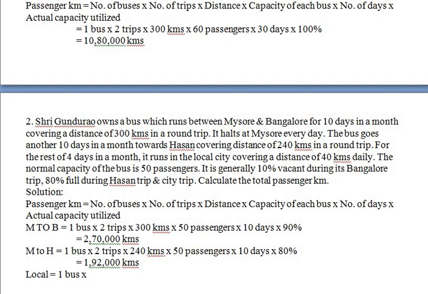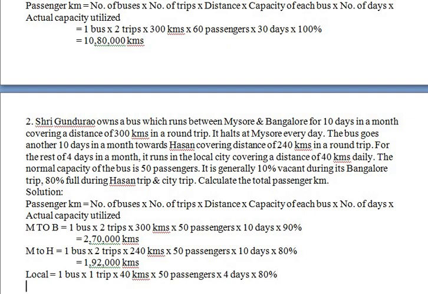Okay, it means one trip into distance, covering a distance of 40 kilometers, 40 kilometers into capacity is 50 passengers into days is 4 days into capacity utilized is 80%.